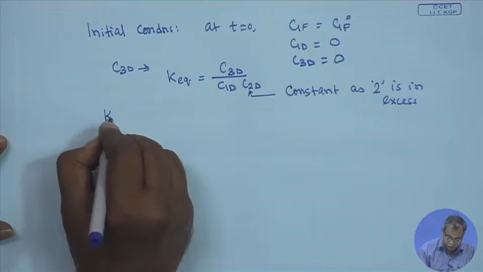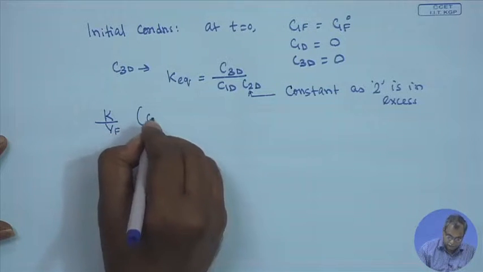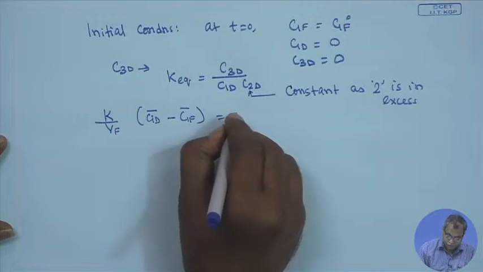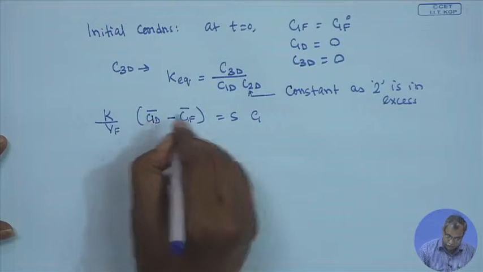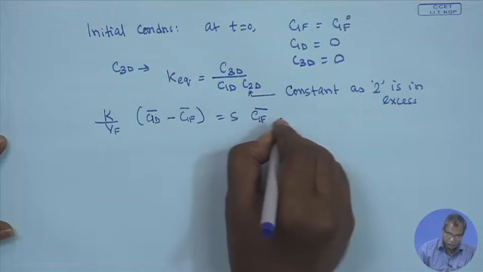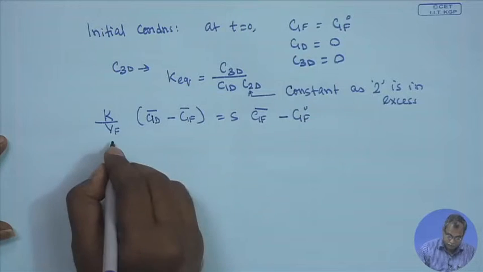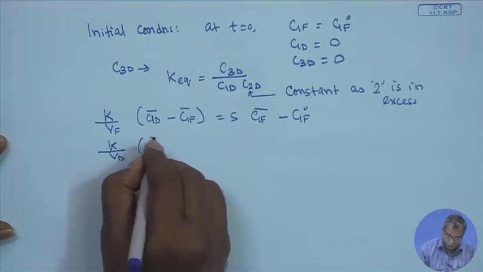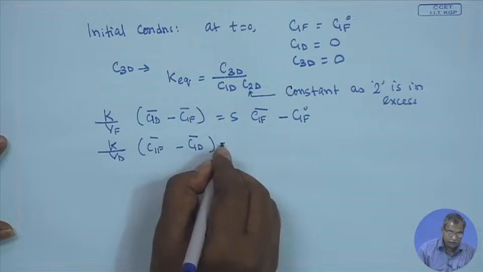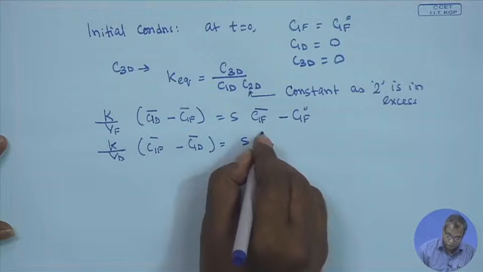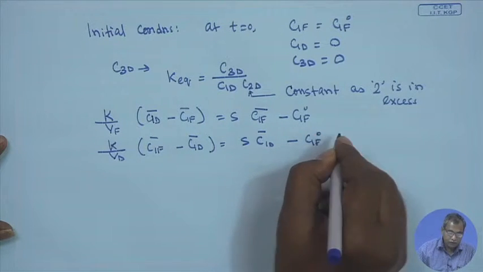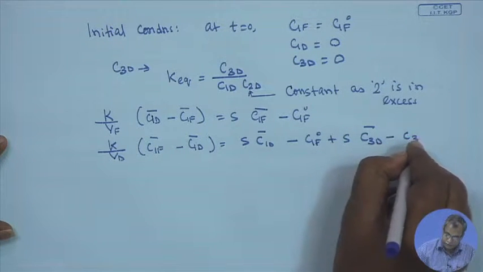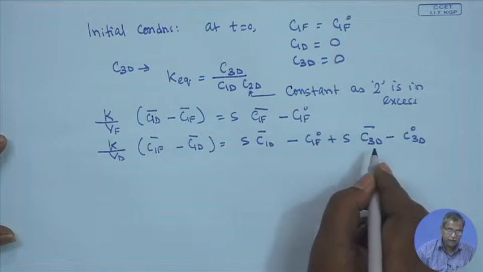From the first equation we get K by Vf C1f bar, these are transform variables, C1f bar is equal to S C1f bar minus C1f naught, and from the second equation we get K by Vd times C1f bar minus C1d bar is equal to S C1d bar minus C1f naught plus S C3d bar minus C3d 0, which will basically be 0 at time t equal to 0.